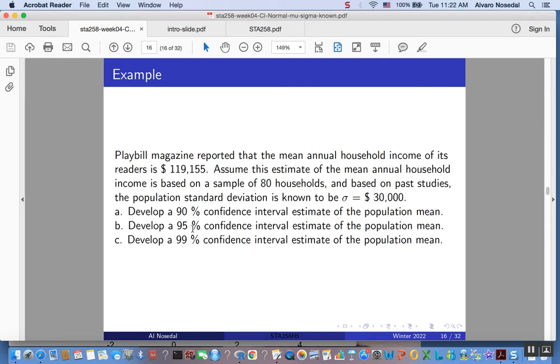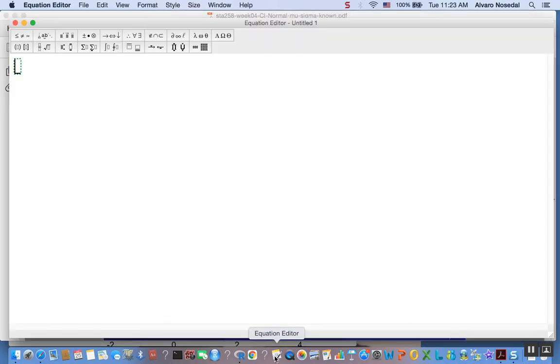We're going to do a couple of these, and then you can do the other one as a kind of homework problem to practice. So let's do parts A and B together. Let me call this example 1, because we're going to be doing another one.